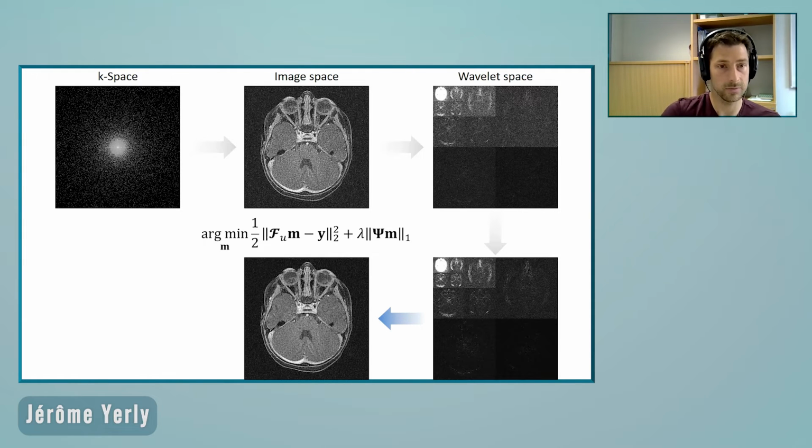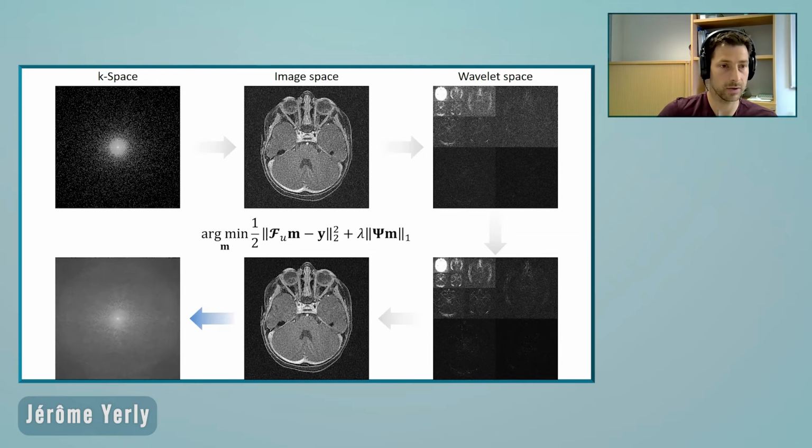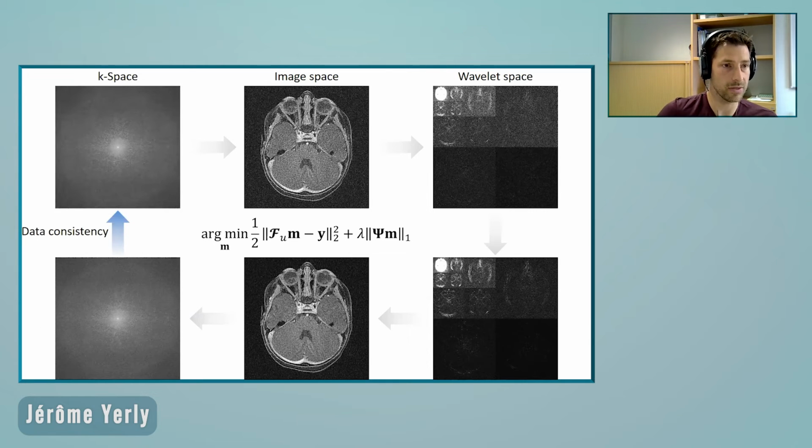So this was the soft thresholding operation. Then we calculate the k-space data, and we apply some data consistency. We could either replace the data that we've acquired into this data set, or we can do a gradient descent step like I showed before.